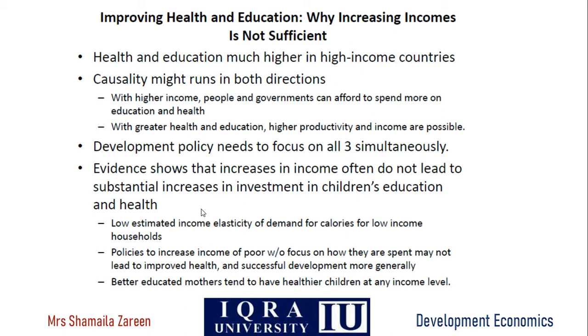So causality might run in both directions. With higher incomes, people and governments can afford to spend more on education and health. First of all, this is the basic question. And with greater health and education, higher productivity and income are possible. So development policy needs to focus on all three questions simultaneously.